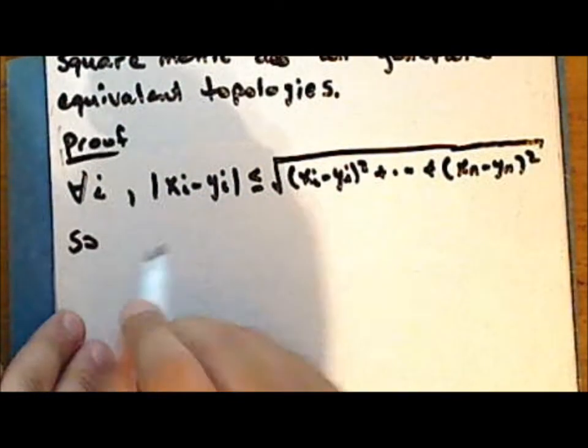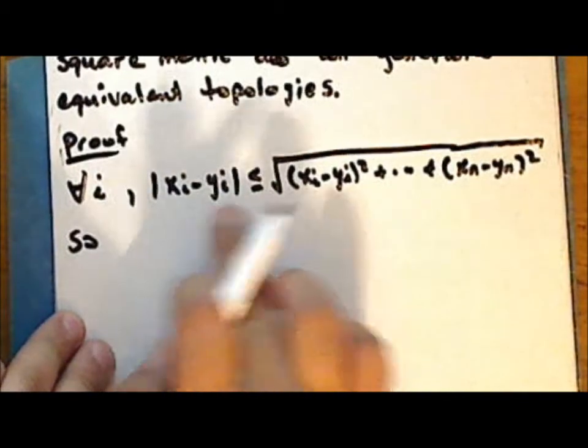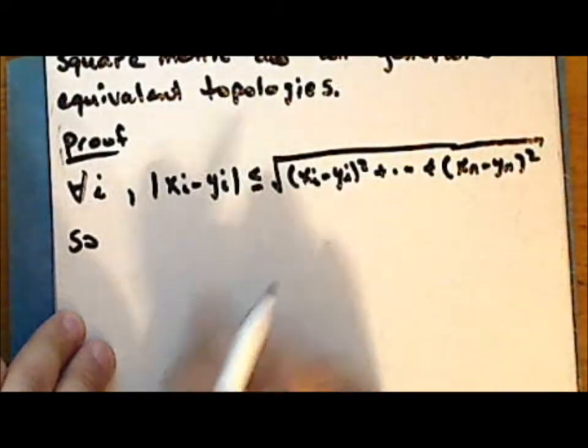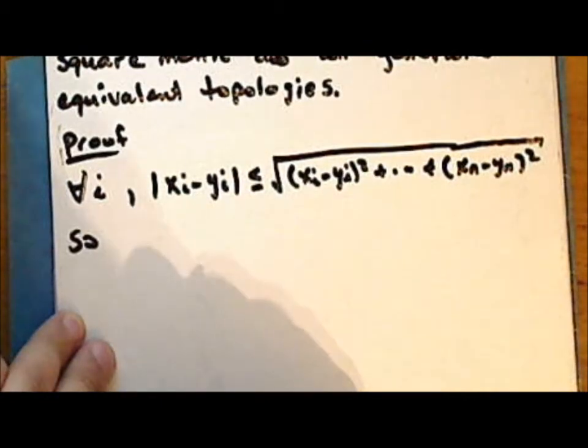And so this is certainly true for the maximum value that we obtain when we take the absolute difference between the two components.